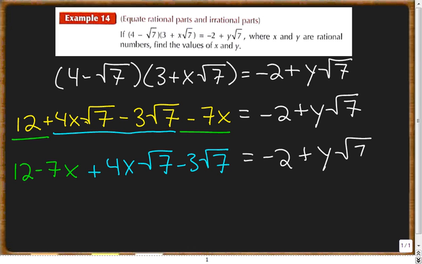So, you may say, wow, this is crazy, and it looks kind of weird. But we have things in a way that we're almost there to make a statement. So we see that we have our square root of 7 terms together. Well, they have that in common.